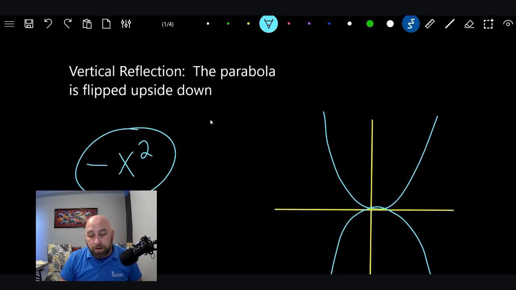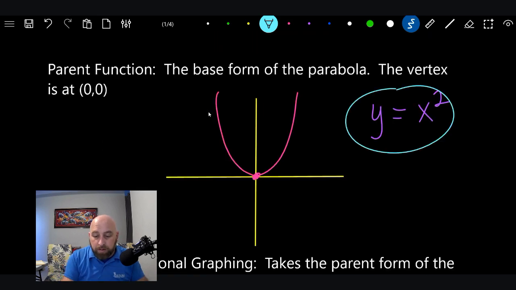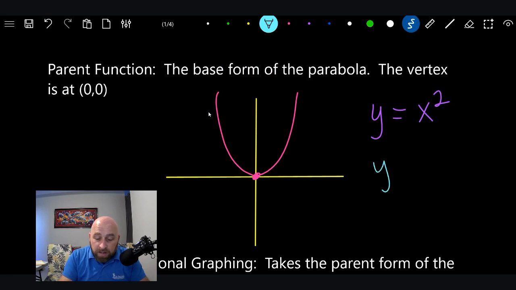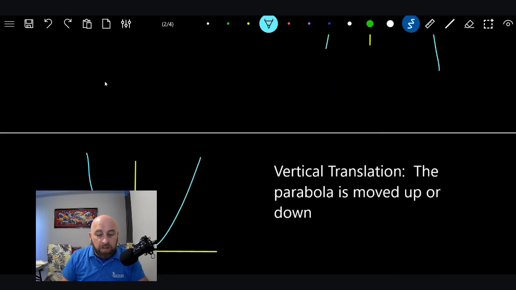So where's our parent? Let's go back up to our parent. There's our parent. So how could we flip this one? We could say y equals negative x squared, and that's going to flip it down. That's going to mirror it or reflect it.